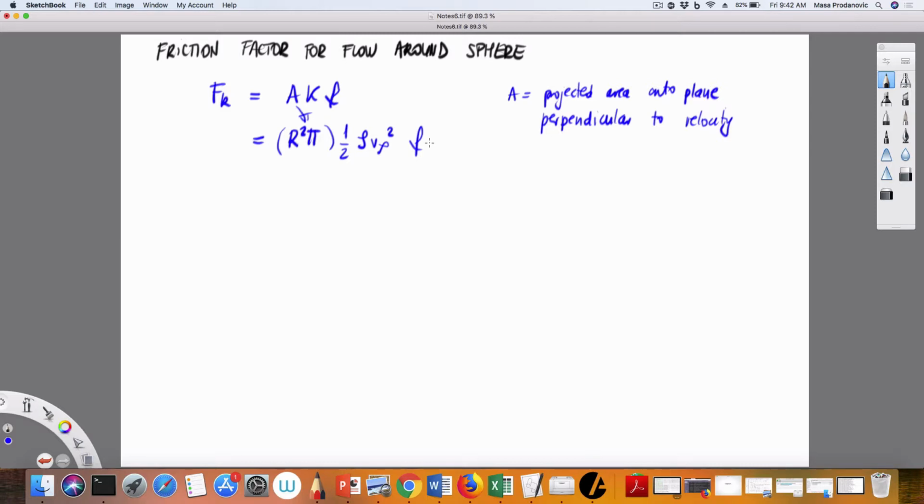In terms of measurements, note that it is easy to measure the terminal velocity of a sphere falling through fluid.